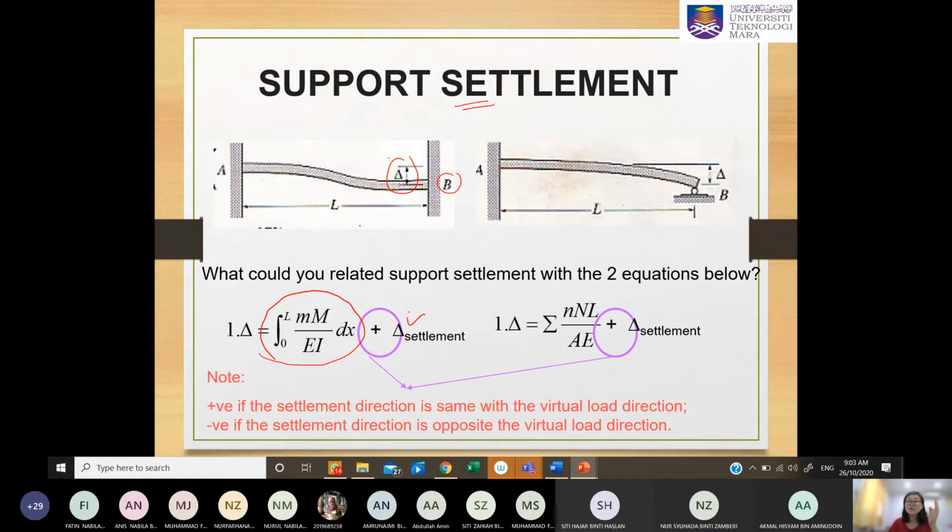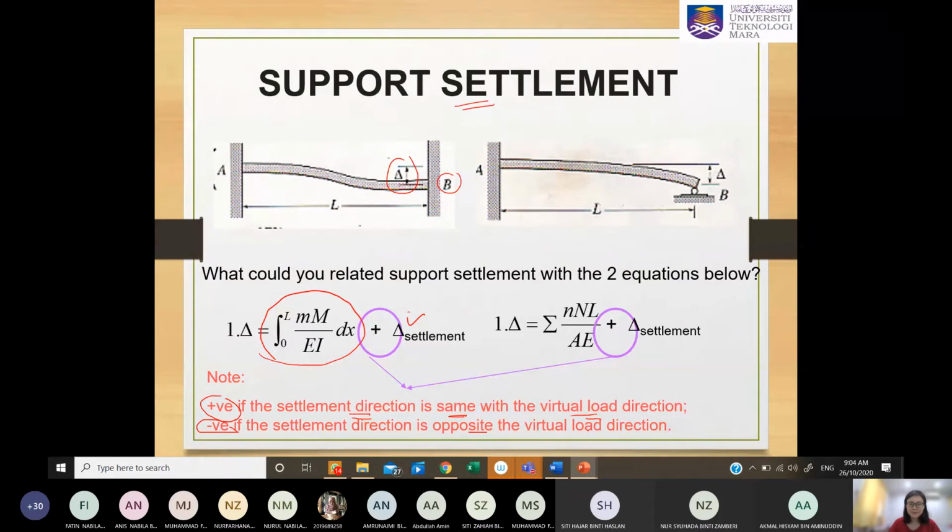You need to know the value of this delta first before you can put it in this equation. There are two tips for you here. This delta will be positive if the settlement direction is the same as the virtual load direction, and it will be negative if the support settlement direction is opposite to the virtual load direction.